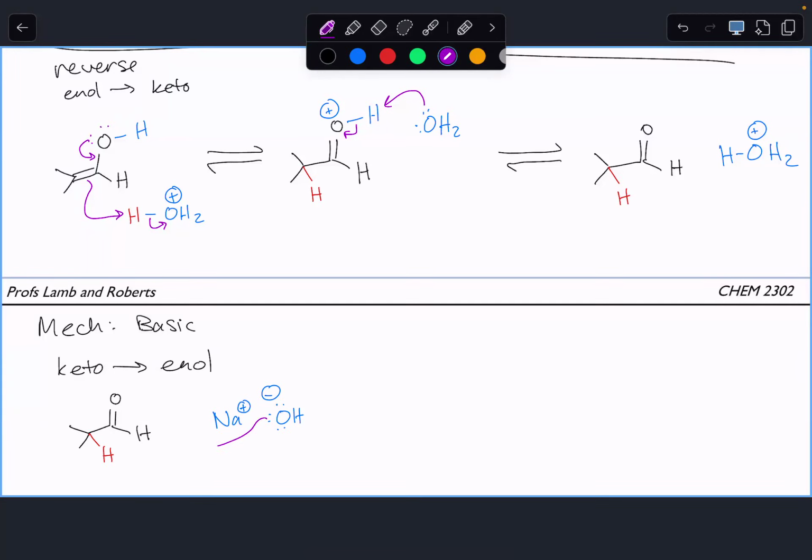So base grabs that acidic proton, carbon-hydrogen bond breaks, form the carbon-carbon double bond, break the carbon-oxygen double bond, dump the electron density on oxygen. Now we have a negative charge, which is fine because we're under basic conditions.